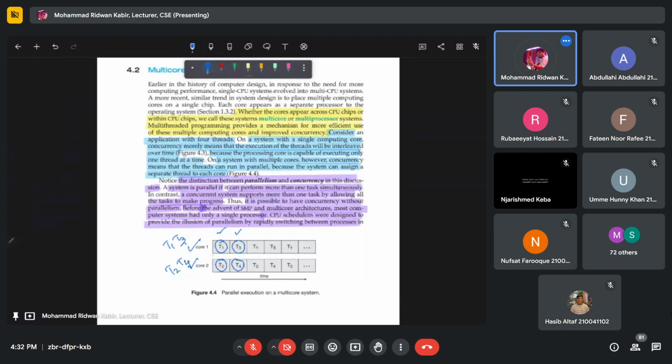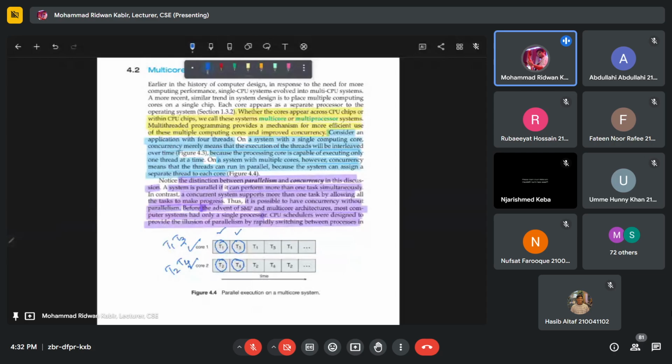Now, the amount of progress T1 is making in core 1, let's say theoretically, T2 makes the same progress in core 2. So this setup or this method of execution is known as parallelism.